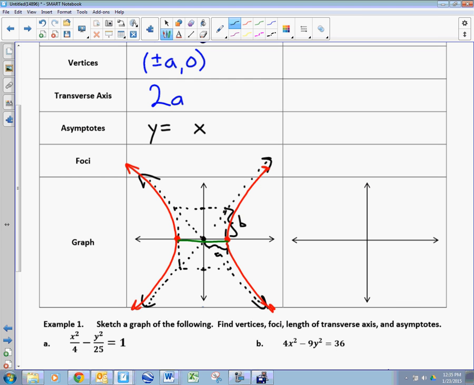The slope is the rise over the run. How much do we rise and how much do we run? You rise b, you run a. And the other line is the same thing, just negative. So plus or minus b over a times x. That's the equation for the line of the asymptote.